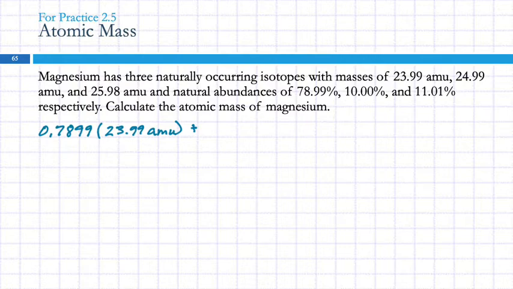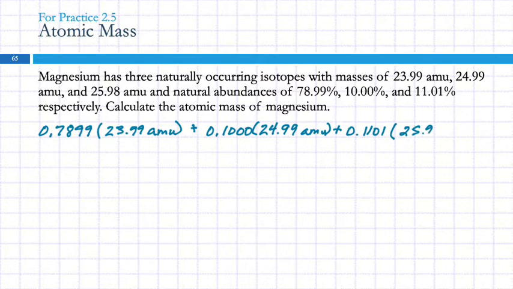10%, so that's 0.1000, and the mass of that one is 24.99. And then we have 11.01%, 0.1101, times the mass of that one, which is over here, 25.98 atomic mass units.